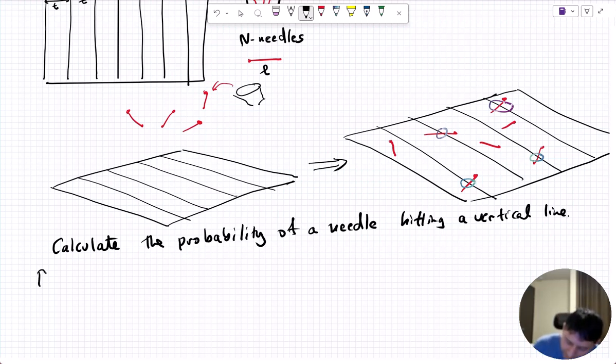So P is going to be equal to the number of needles that hit a vertical line divided by the total number of needles, right?